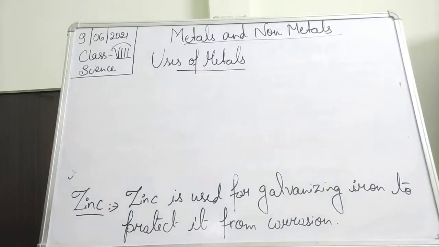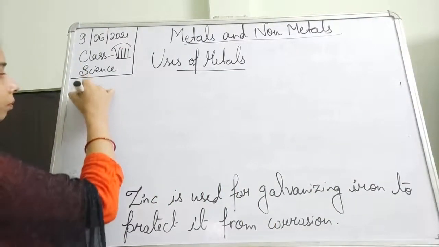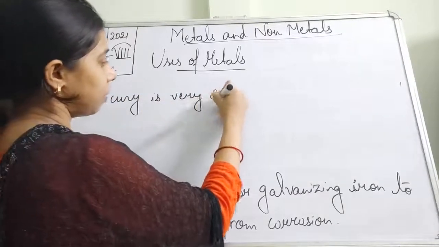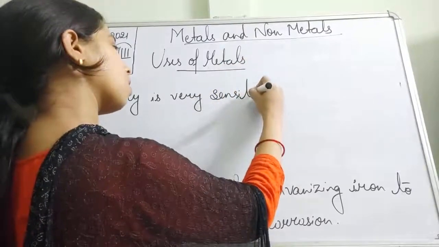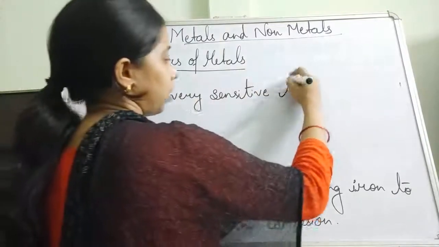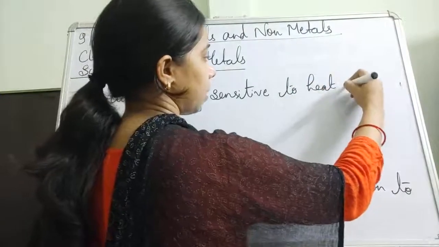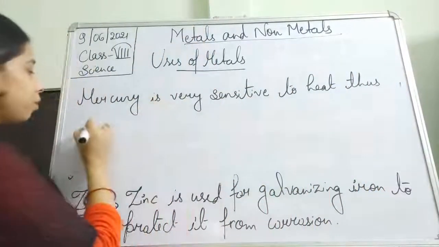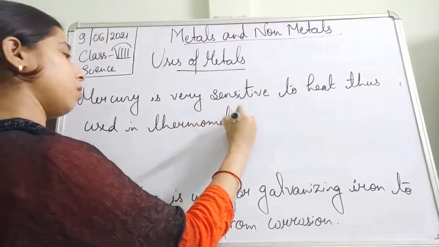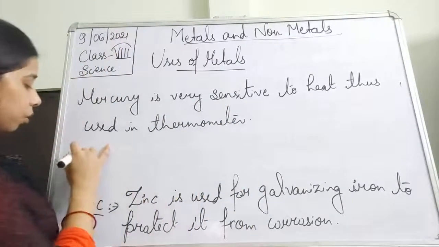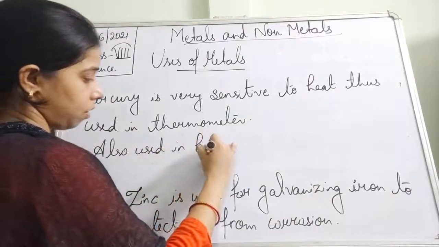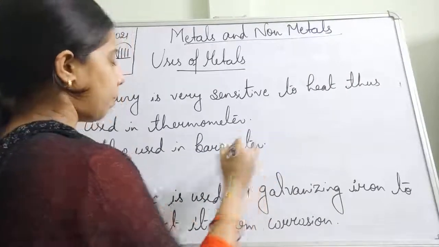So we can write it that mercury is very sensitive to heat, thus used in thermometer, also used in barometer.